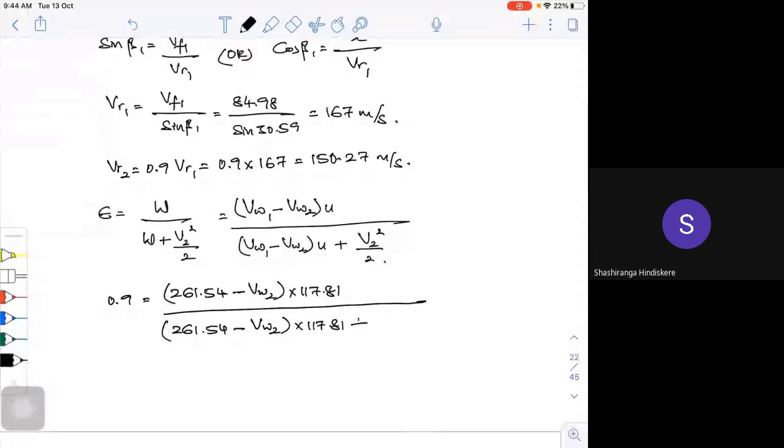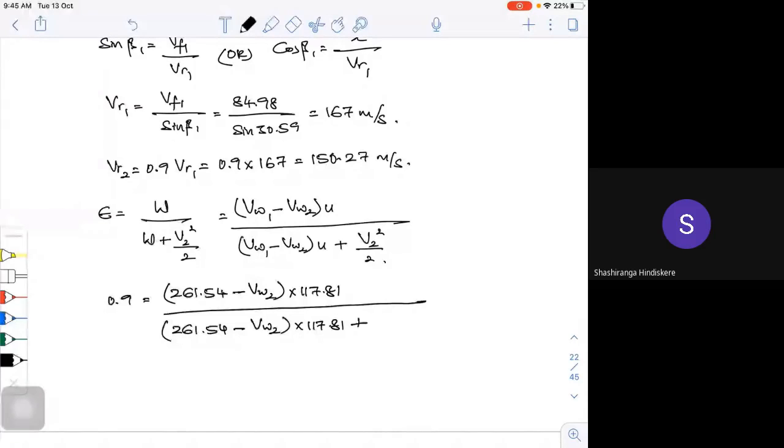plus, what is your V2? I don't know the value of V2. How to find V2 actually? I need to find V2 from your exit velocity triangle. V2 can be found in different ways. I need to find this V2, then substitute over here.